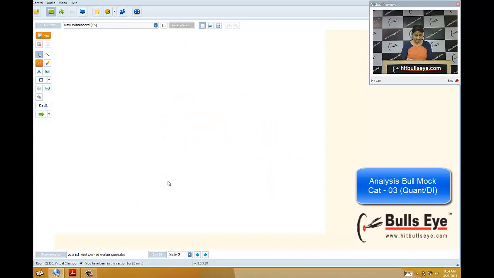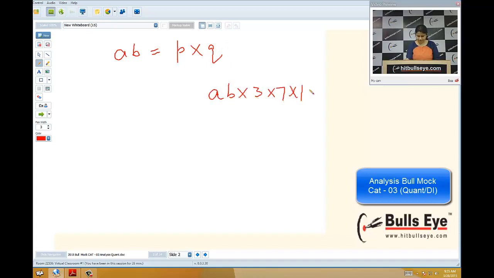Okay. Now, we need a 2-digit number which can be broken into 2 primes, P into Q. What was the earlier prime factorization? It was AB into 3 into 7 into 13 into 37. Since we need distinct primes, we cannot use 3, 7, 13 and 37 because we are using them already.